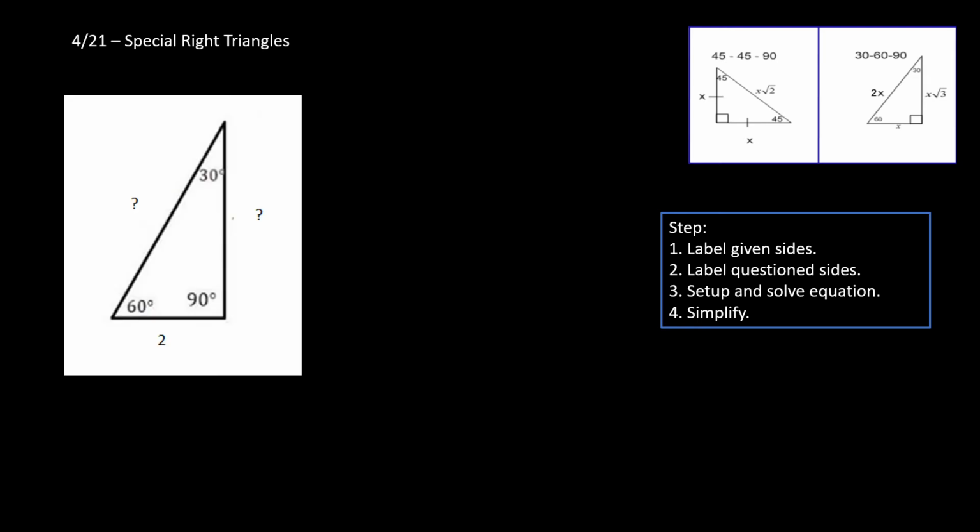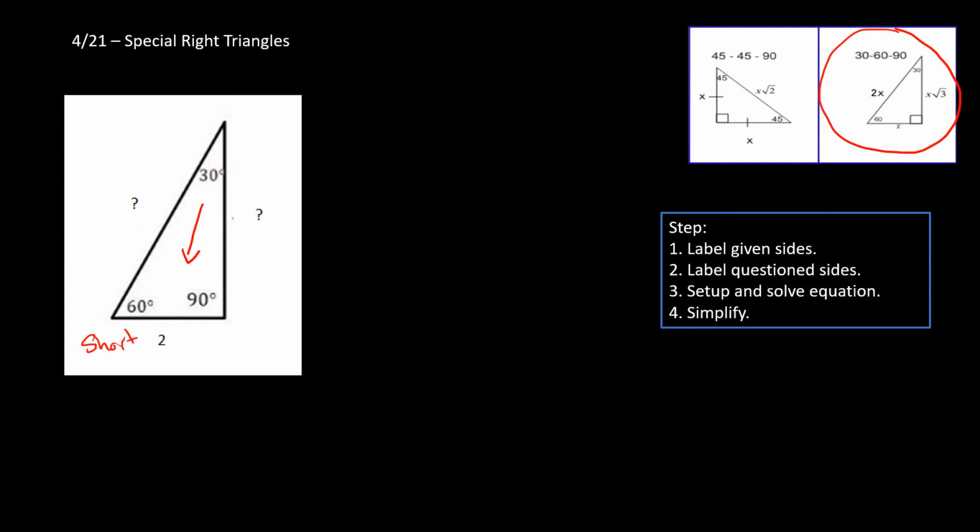All right, so let's do this problem here. What we've got here is a 30, 60, 90 problem. Now with this 30, 60, 90, we want to identify this part up here, which is our reference part. So we're going to label our sides. We know that opposite of the 30-degree angle is our short side.